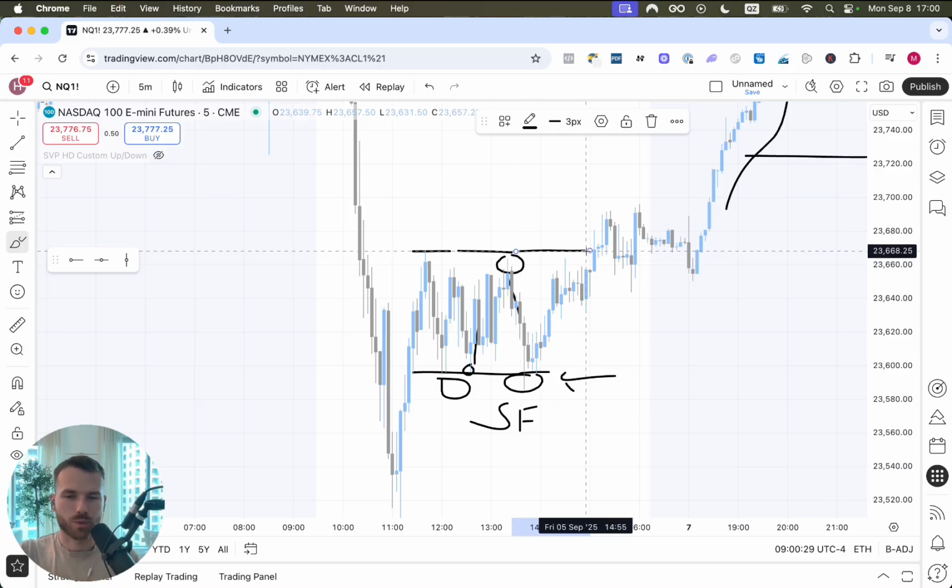So what do? Well, obviously, you get in here long for a break of this high. Now, in this case, you could either set your stop loss below this level, or if you're extremely risky and you just scalp this, you just go in for a quick trade in and out. That would be your options.